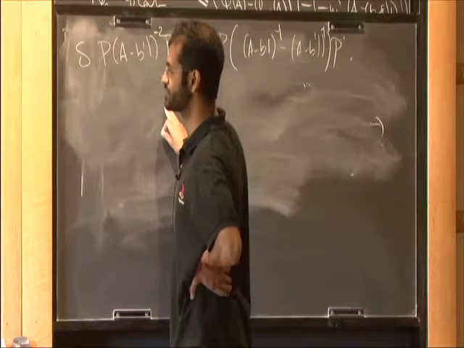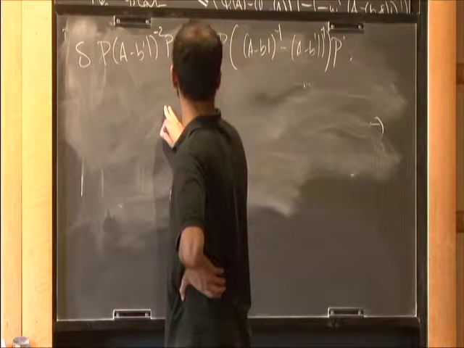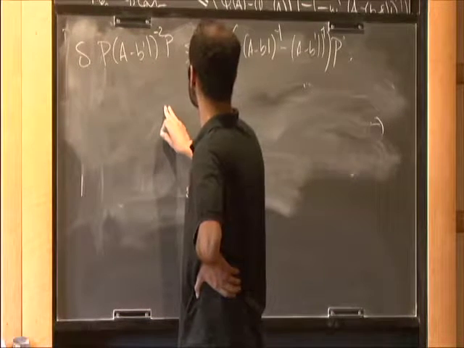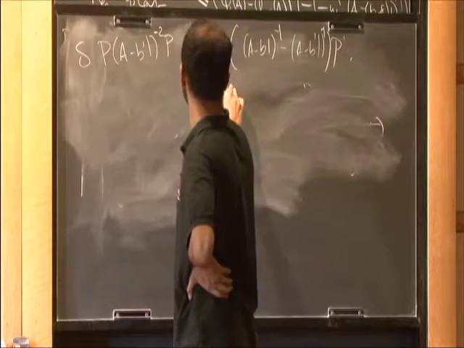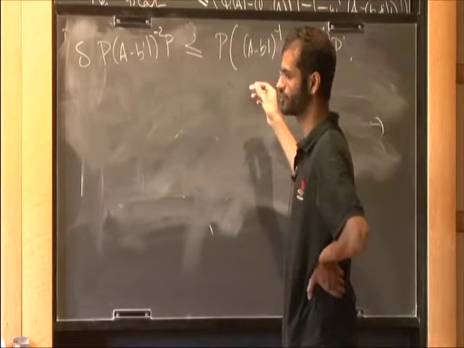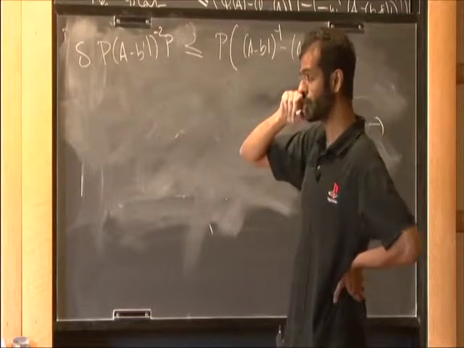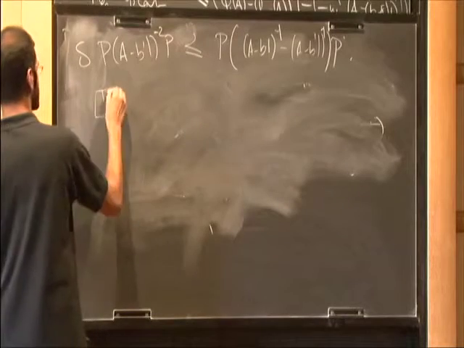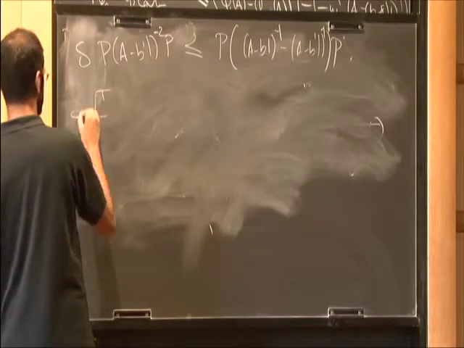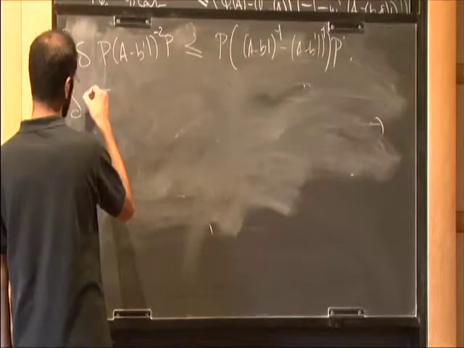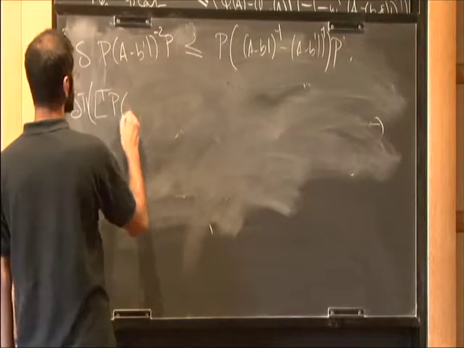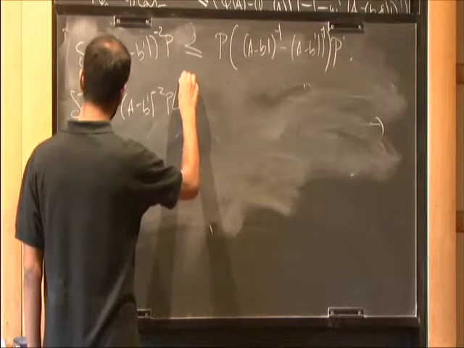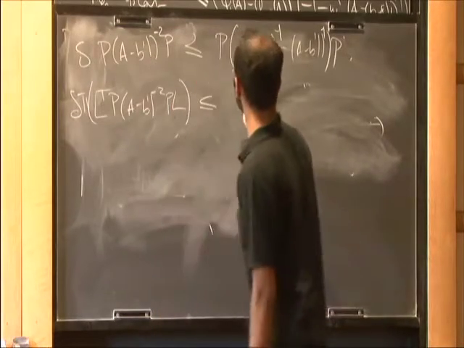So what this means is that if I take traces of these, if I multiply these sides by L and L transpose, and take traces, I get something like L transpose delta L transpose delta, trace L transpose P (A minus B prime I minus 2P) L is at most.